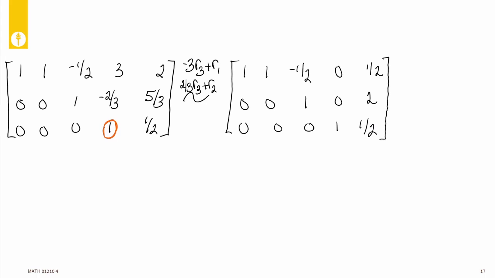Now move over to the next column that has a leading 1. Zero out every entry above it. And then you repeat that process until you've done that on the second row, which will be right now for us.